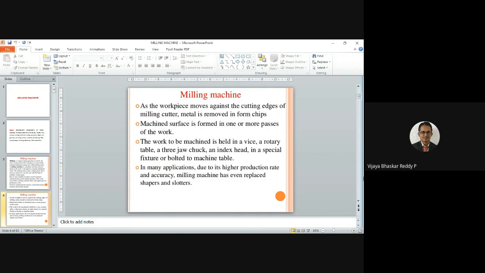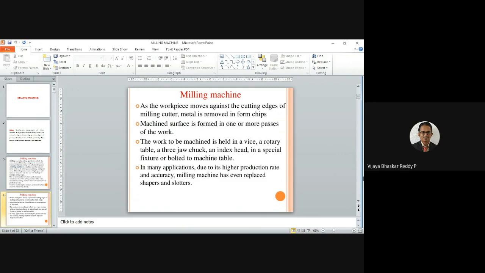As the workpiece moves against the milling cutter's cutting edges, metal is removed in the form of chips. The machined surface is formed in one or more passes. One pass may not be enough to finish the final product, so two, three, or four passes may be required based on the depth of cut.